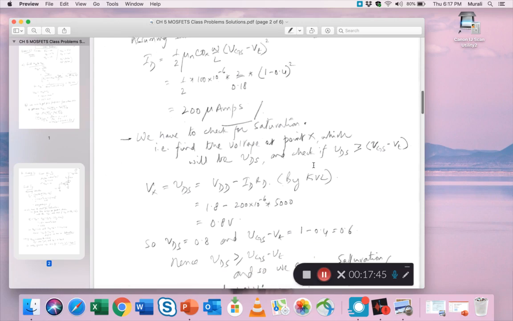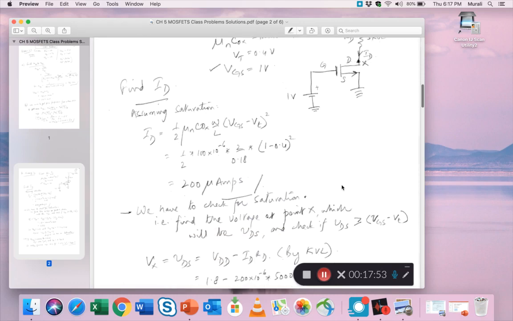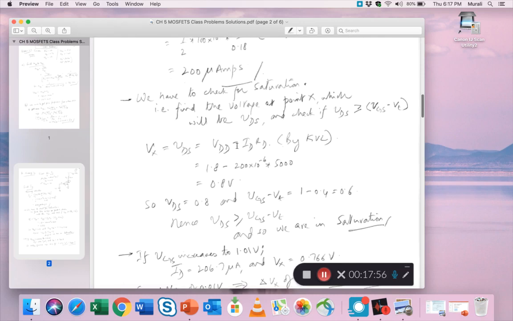It's by KVL, right? You write the KVL equation for this. You're used to that method now, I hope, because we did it for BJTs. Same method, we use KVL for that branch, and so Vx comes out to be the source voltage minus the voltage drop across the RD, so you come up with 0.8.